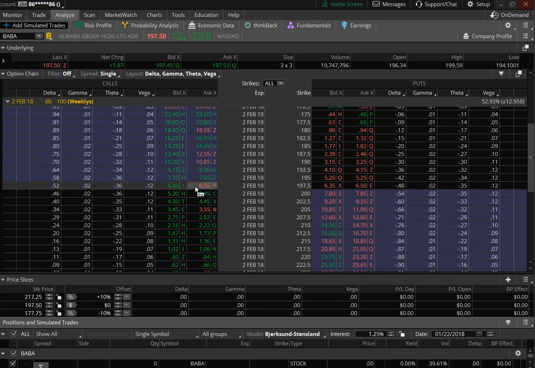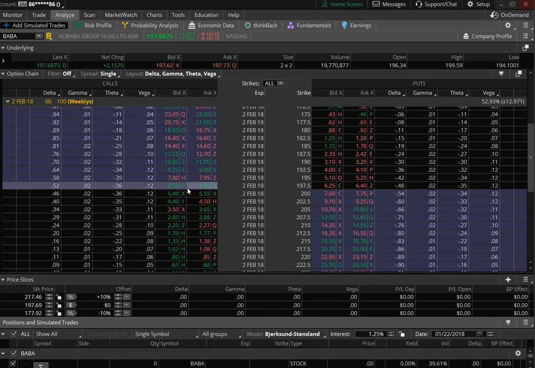Now, how much of that is time value and how much of that is real value? Well, the stock price just jumped to 197.59, but the strike price is 197.50. So let's agree to say that this entire $6.50 is entirely time value. So this option has no real value.